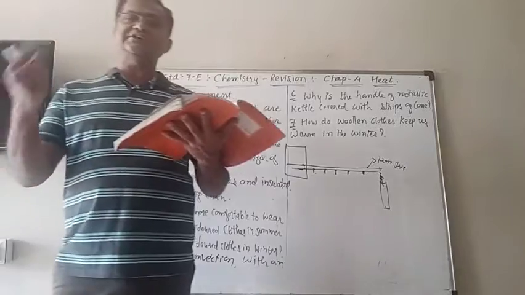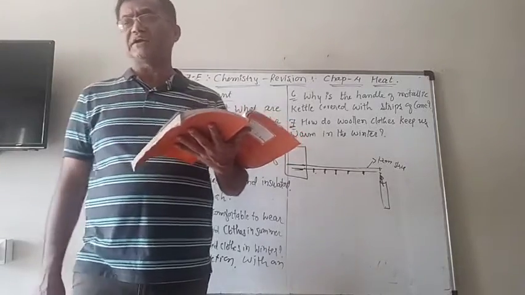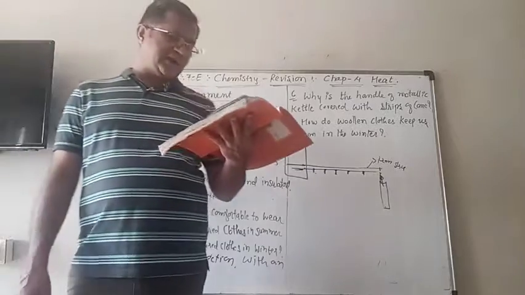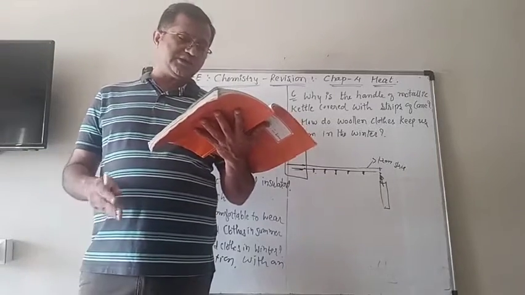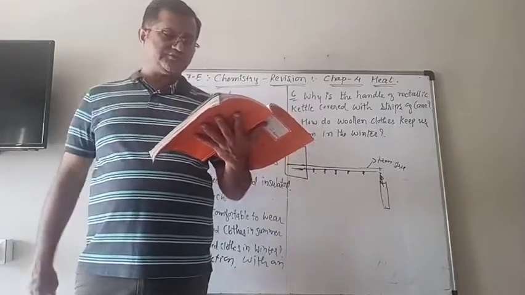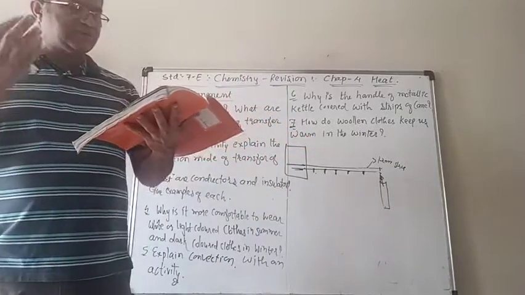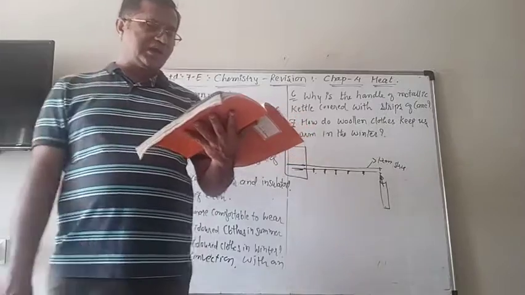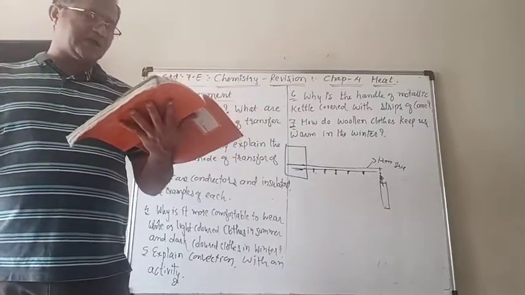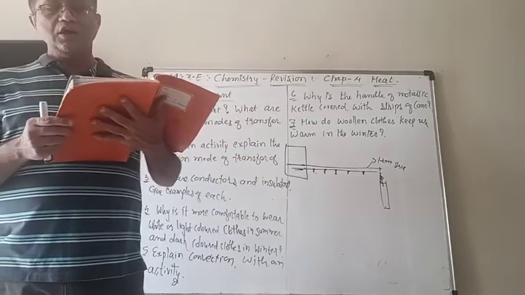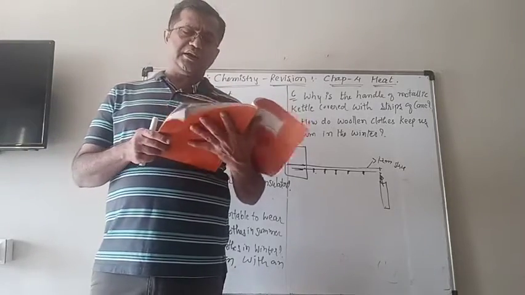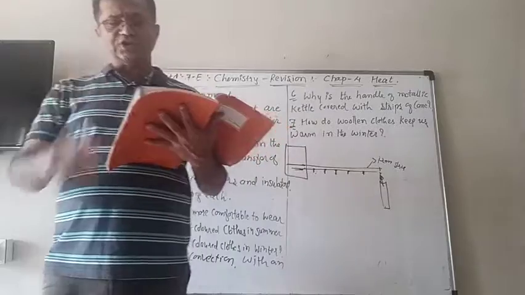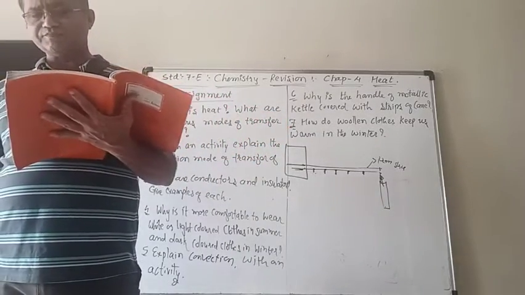If the other end is also getting hot, then they are conductors. And if for a long time the other end is not getting hot, it means they are insulators. You can take different materials like a steel spoon, plastic scale, pencil, screwdriver, divider, etc. From that you can check whether they are conductors or insulators of heat.